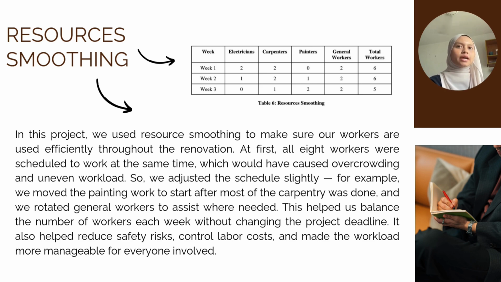This helps us balance the number of workers each week without changing the project deadline. It also helps reduce safety risk, control labor costs, and make the workload more manageable for everyone involved.